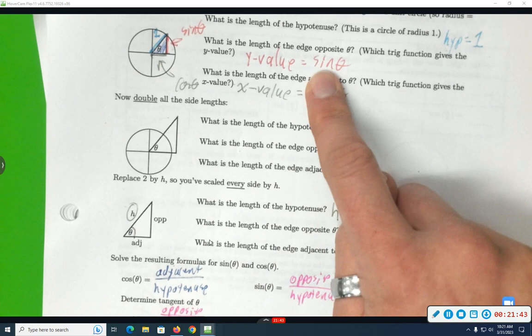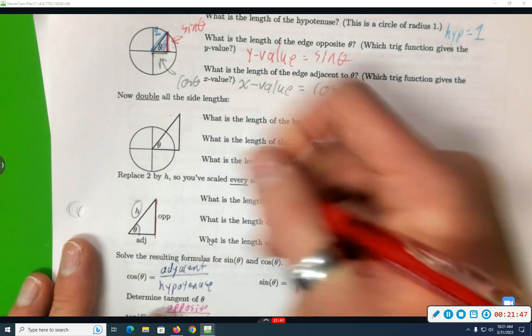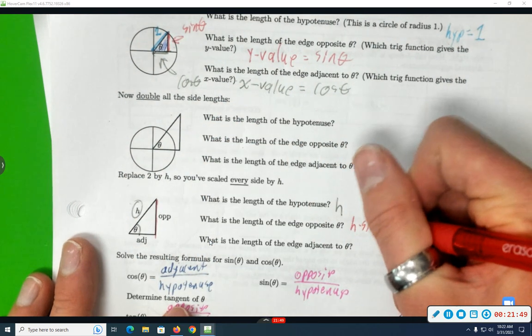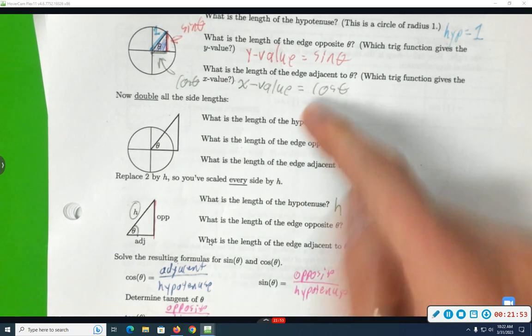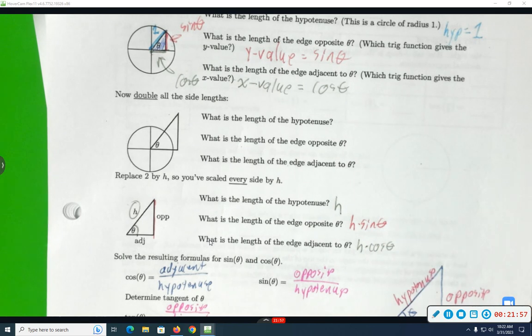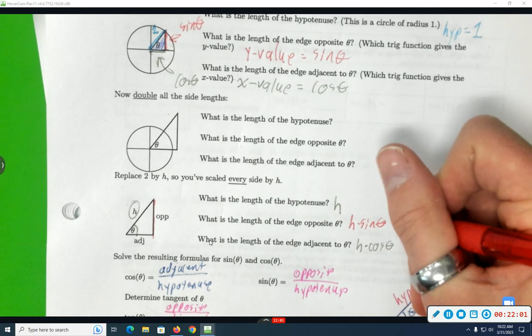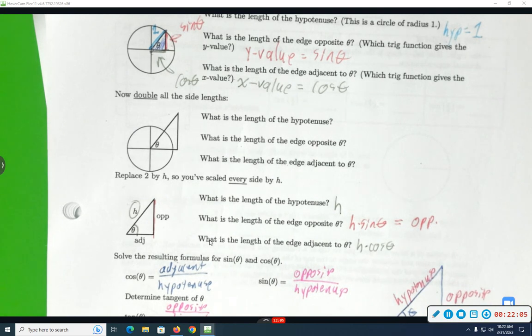So this length that used to be sine of theta will now be h times the sine of theta. The adjacent used to be cosine theta. Now it will be h multiplied by cosine theta. Neat. So that means that hypotenuse times sine theta is equal to the length opposite. If you solve that for sine of theta, do you get opposite divided by hypotenuse? Nice.